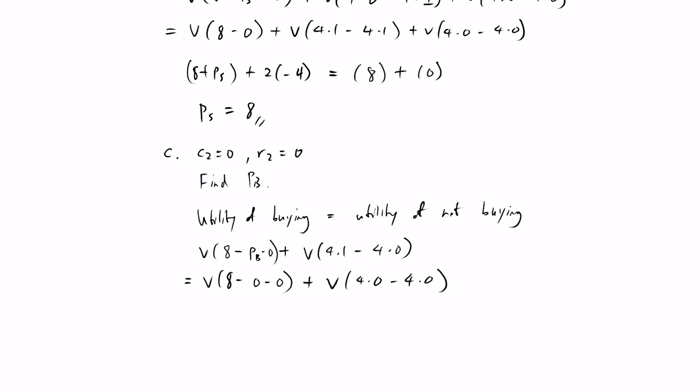Now, technically the price could be bigger than $8, which would bring the first V to the negative range. But we'll just assume that it's not going to be the case, and you see that it's in fact not going to be the case. So we're just going to say it's going to be 8 minus P_B instead of 2 times 8 minus P_B, plus having a muck that you do not expect.